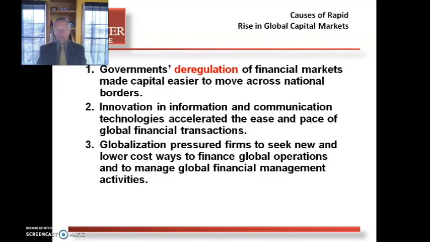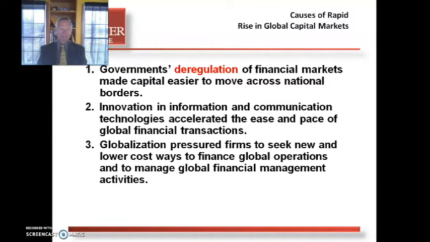The reason it has become so much more prevalent for a company to raise money in a world market versus raising money at home is because of government deregulation.